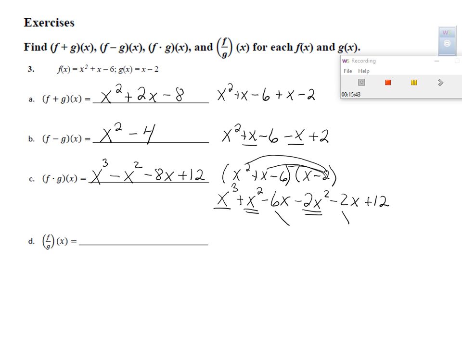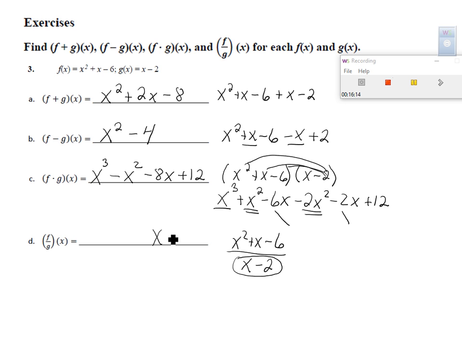Since there's a squared, I'm going to write it first because it'll probably factor. So I'm going to write down x squared plus x minus 6. There's f of x over g of x. One thing I already know, let's set this denominator equal to 0.